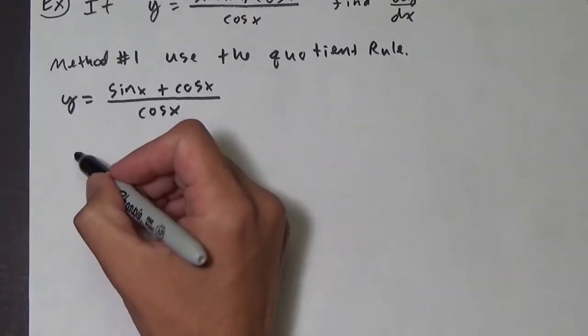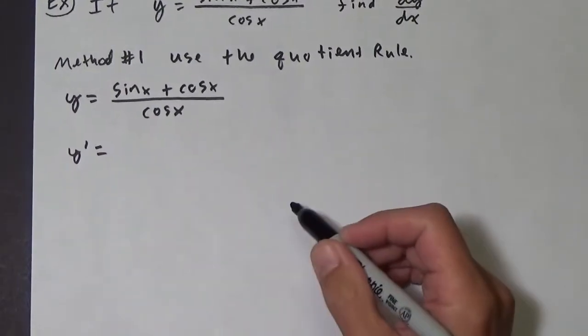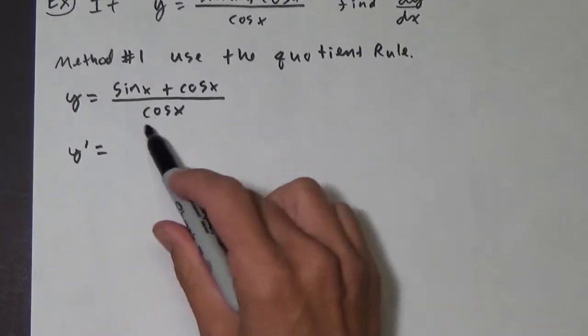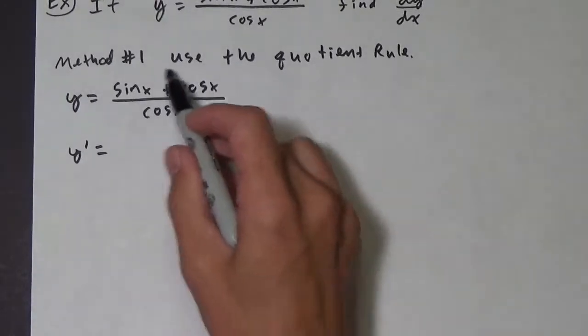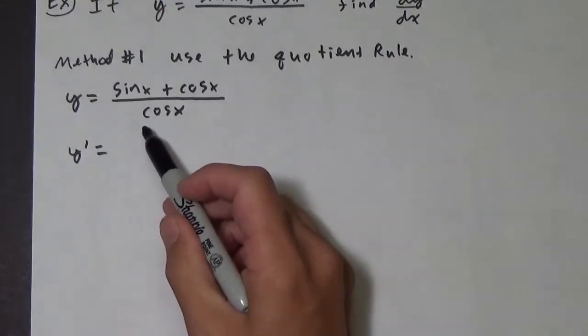So the derivative of y with respect to x, y prime. For the quotient rule, we have our denominator, or the bottom, which is the cosine, and our numerator, or the top, which is sine of x plus cosine of x. You have to, again, somehow remember the quotient rule.